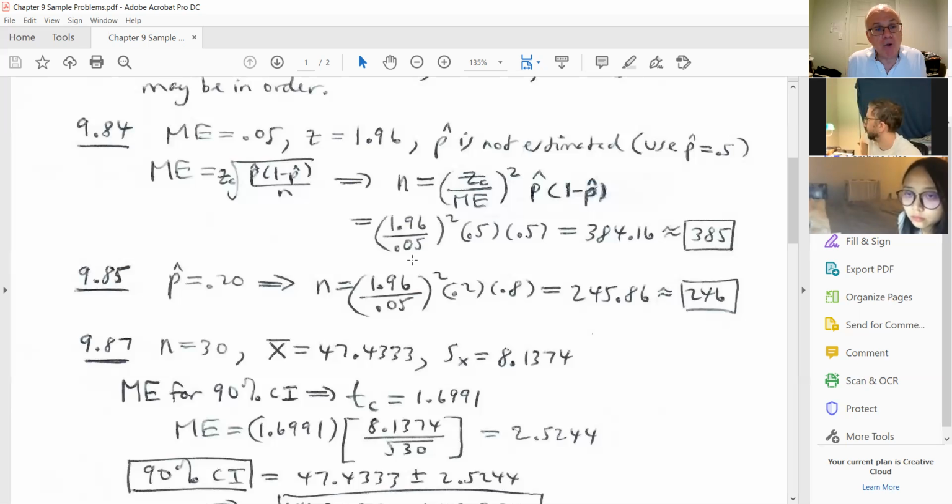Now, you may ask the following question. Remember last time I introduced you to the t distribution, and remember the only parameter that defines the t distribution is the degrees of freedom, which is the sample size minus 1. So your question might be, why didn't I use a t critical value in coming up with my minimum sample?